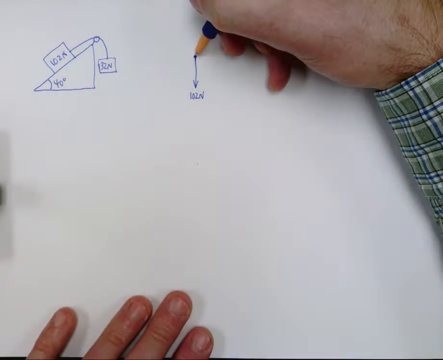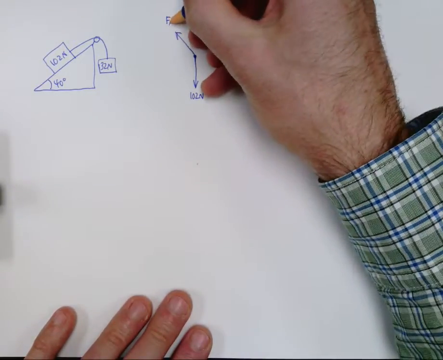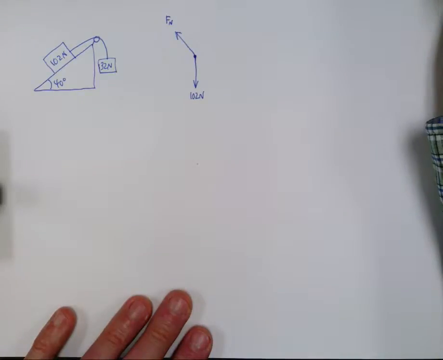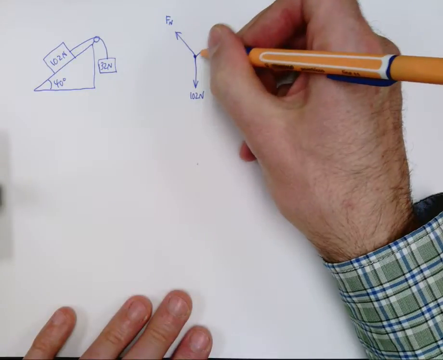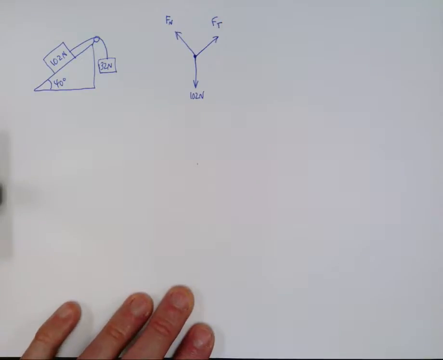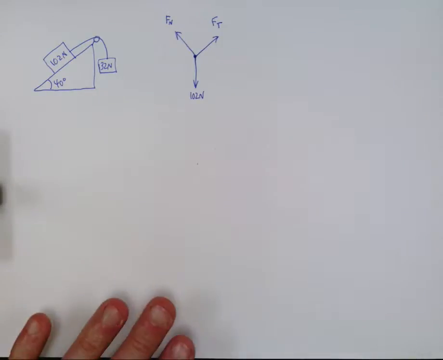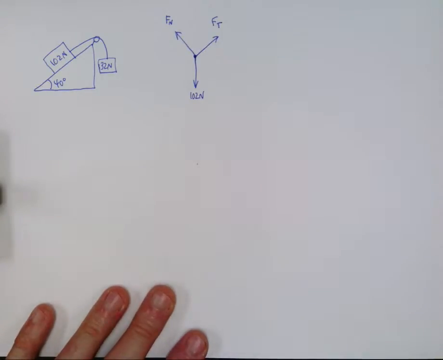There's going to be a normal force that's touching the incline, and so the normal force is perpendicular to the surface. There's going to be a tension force, which is up the incline. There is going to be a friction force, but at least at first it's not immediately obvious which way that friction force points.